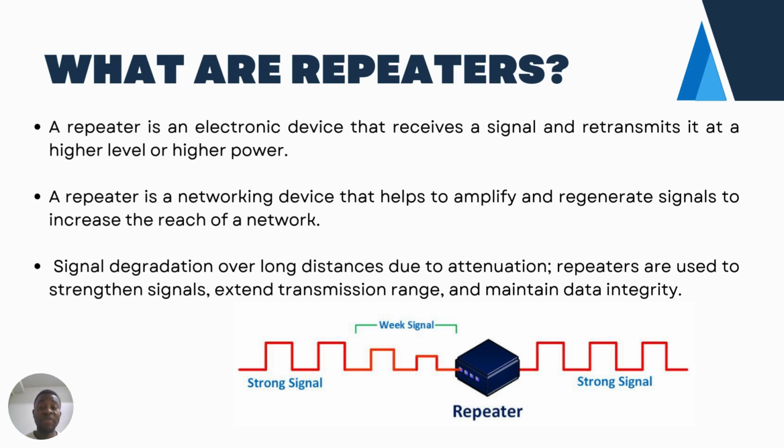Repeaters solve this problem by strengthening the signals, so they can travel longer distances without losing their quality or integrity. In simple words, a repeater takes in a weak signal, amplifies or cleans it up, and then retransmits it. This keeps the network reliable, especially when covering large areas or connecting distant devices.